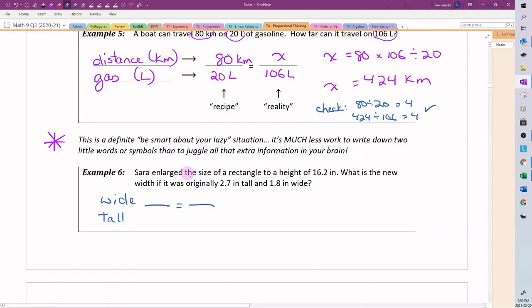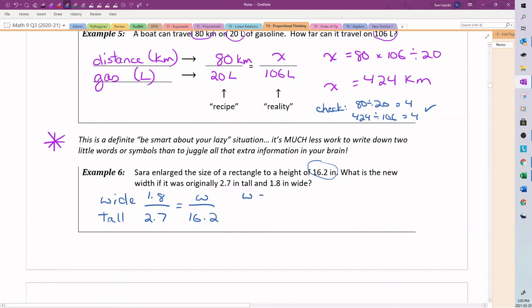My recipe is: it was 2.7 inches tall, so I'm going to put 2.7 here, and it was 1.8 wide. Then I've got 16.2 as the new height, so that goes here. I'm going to use a W for my variable because I'm looking for a width.